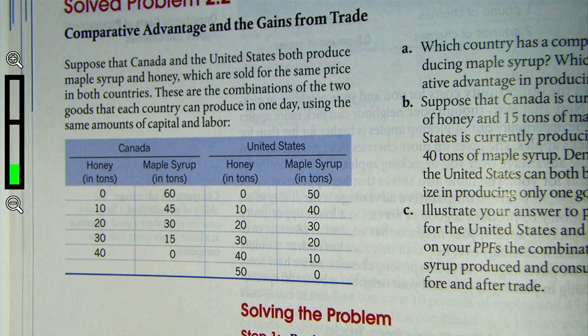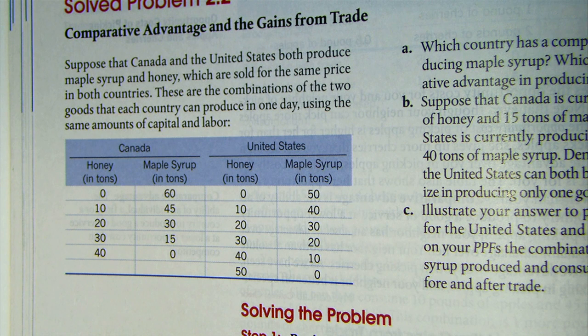We'll do Canada and the United States. So Canada and the US, they both produce maple syrup and honey, and they're sold for the same price. It's using the same amount of capital and labor, so these are all equivalent. So this is what US and Canada can both make.